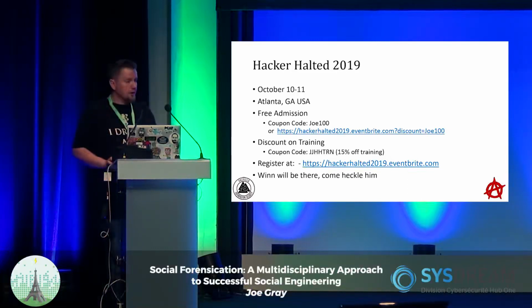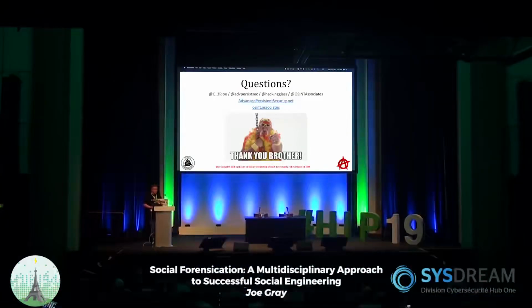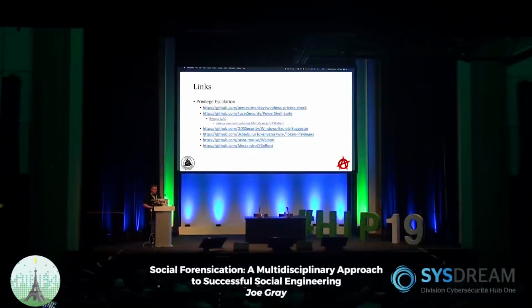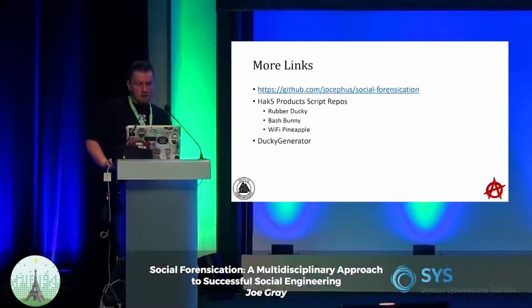So with that being said, we've got a few minutes to go. Here are the links to some of the things. Windows Privesc Check, Bypass UAC, Exploit Suggester, all these things. If you're trying to go the privilege escalation route, these are resources that you could use to assist you with that. I've got a GitHub repo.